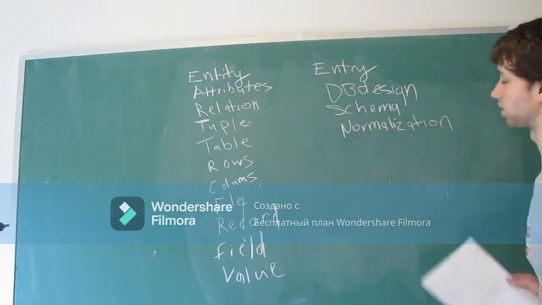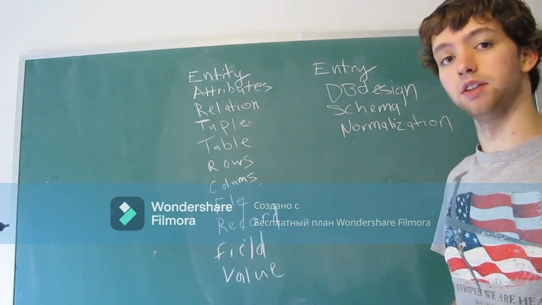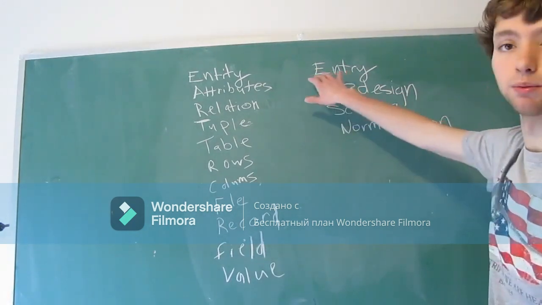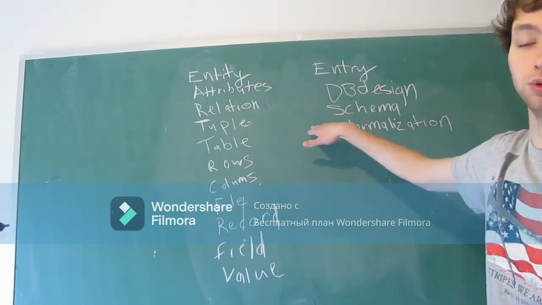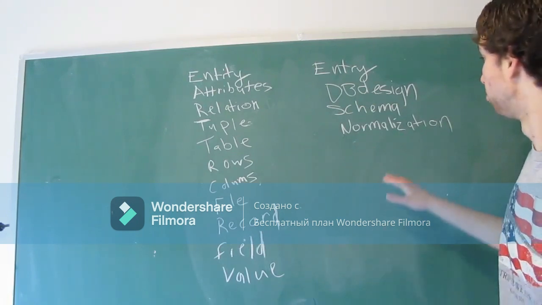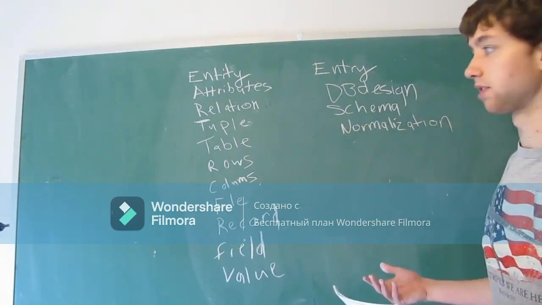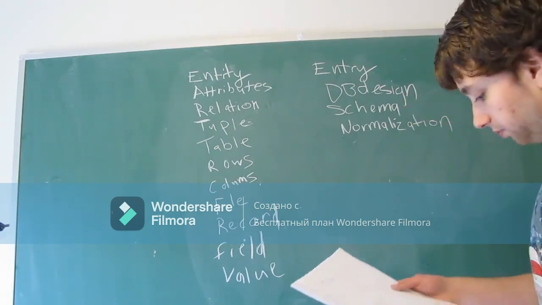Normalization is basically a bunch of steps that we're going to follow to help us get the best database design. That's part of database design when we go through these normal forms. We'll talk about that more in an upcoming video, but I want you to know that the term normalization is the process of building the best database design.